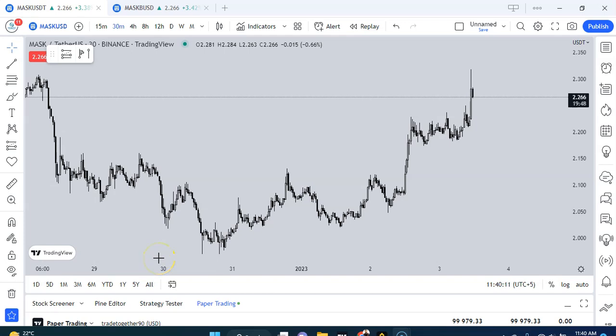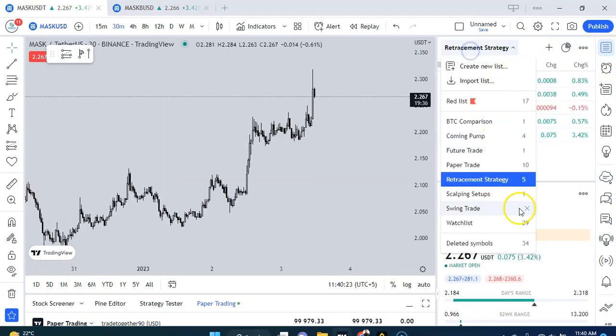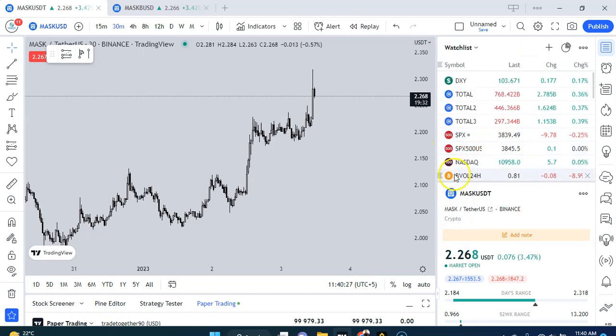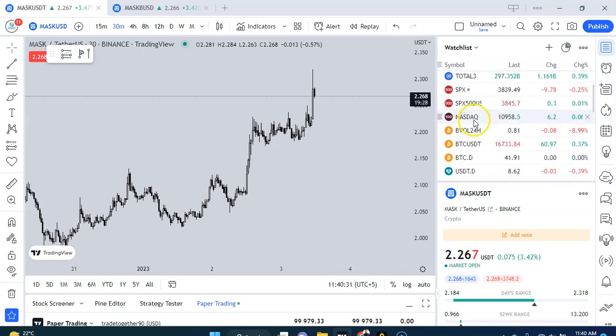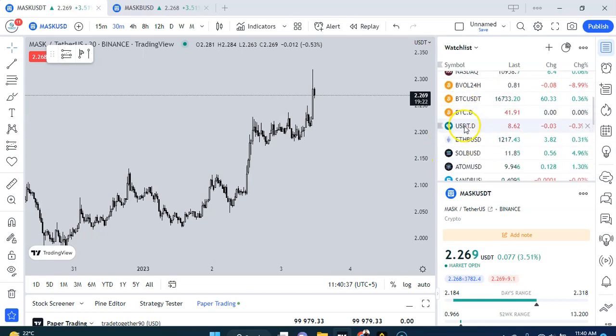Hello guys, today I'm going to share how I take my trades and what areas I cover before taking a trade. First I check the SPX market, Nasdaq, BWOL, the volatility, and then the USDT dominance.